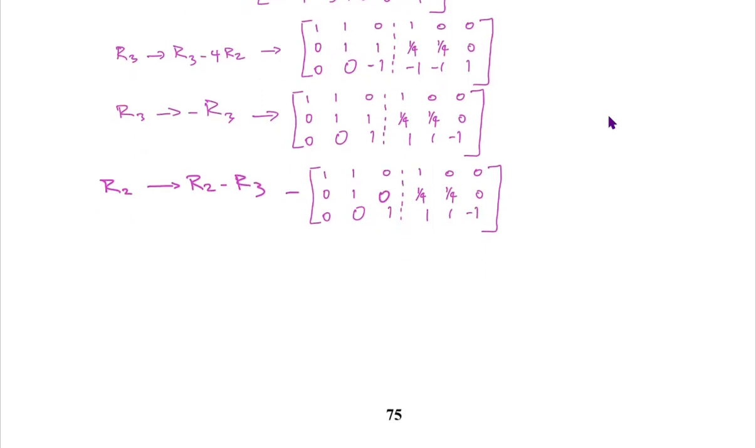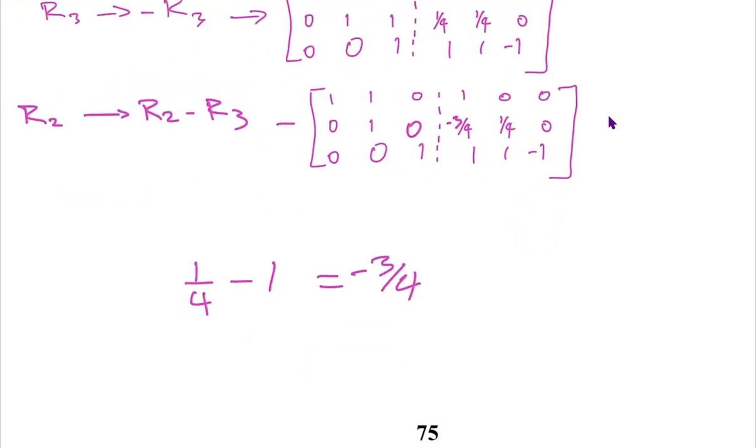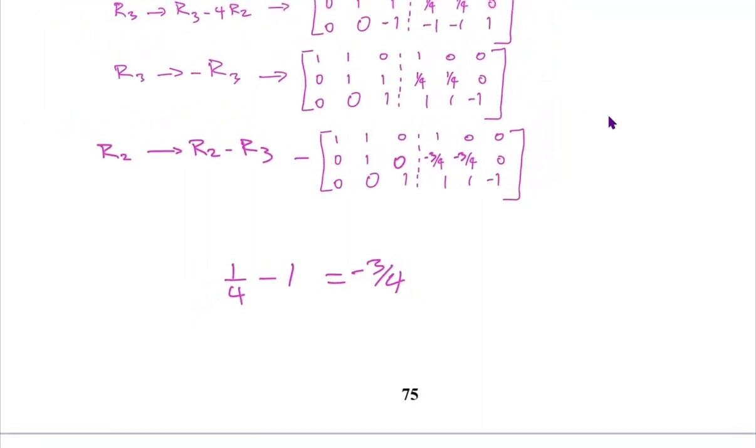So that's R2 1/4 minus R3 minus 1, that is negative 4 plus 1, that's negative 3/4 in R2. R2 minus R1, negative 3/4. Same thing here. And then this one will be 0. So that one would turn into 1.